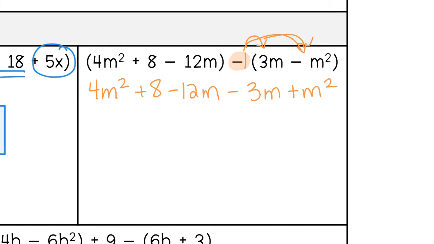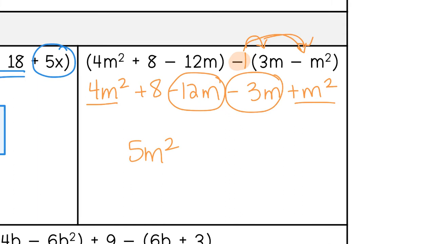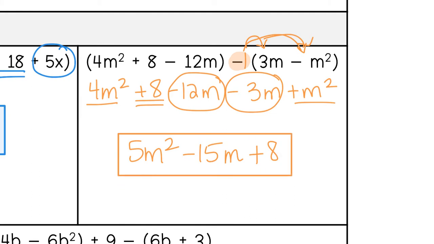And now you can combine like terms. 4m squared plus m squared, altogether that's 5m squared. Okay, then I have negative 12m and negative 3m, so that's negative 15m. And then this is the only one I have left over. I don't need to combine it with anything. It'll just be the 8.